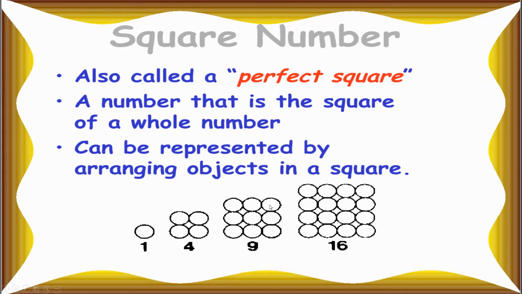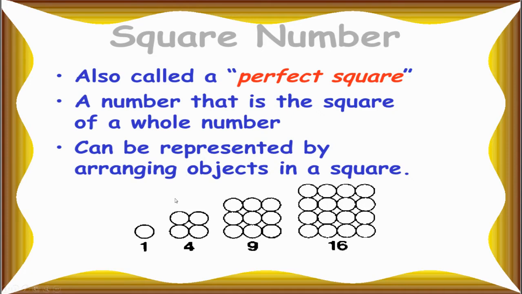So 3 by 3 gives you 9. 4 by 4 gives you 16, and so on. It is called a perfect square: a number that is a square of a whole number.